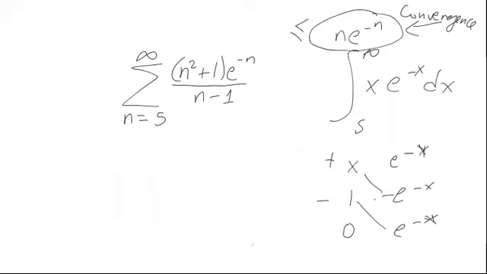In order to do that, let's just keep the e to the negative n out separate, and then think about what's going on right here. A polynomial thing. On the top we want something bigger than it, so we could just double the n squared.